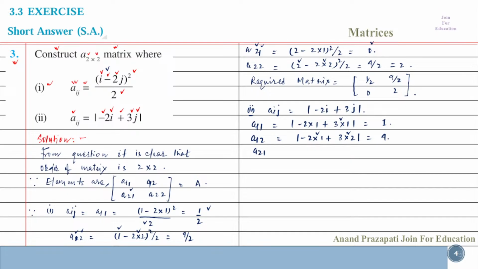A21 equal to minus 2 into 2 plus 3 into 1 equal to minus 4 plus 3 equal to minus 1 and absolute value of minus 1 equal to 1. A22 equal to minus 2 into 2 plus 3 into 2 equal to 6 minus 4 equal to 2 and absolute value of 2 is 2.